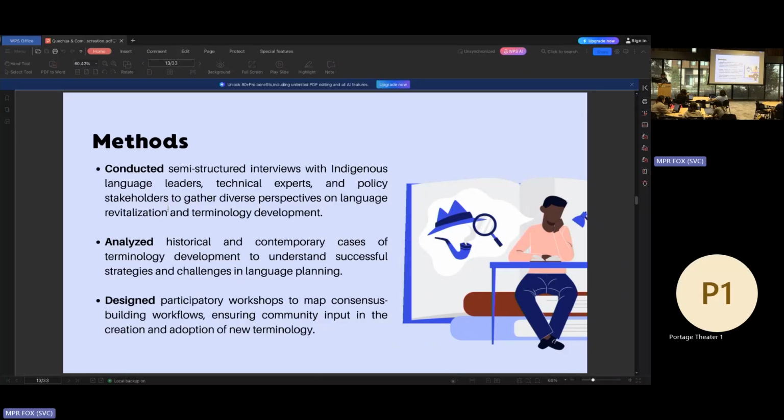We analyze historical and contemporary cases of terminology development to understand successful strategies and, of course, the different challenges we face as indigenous communities. And we design participatory workshops to map consensus-building workflows, ensuring that communities produce input in the creation and adoption of new terminology.